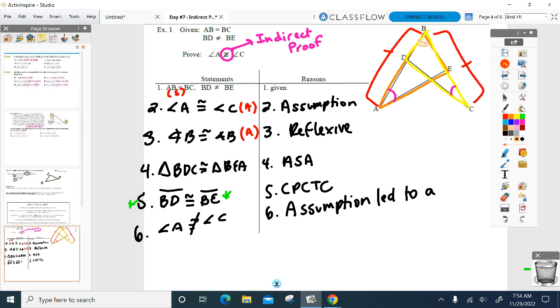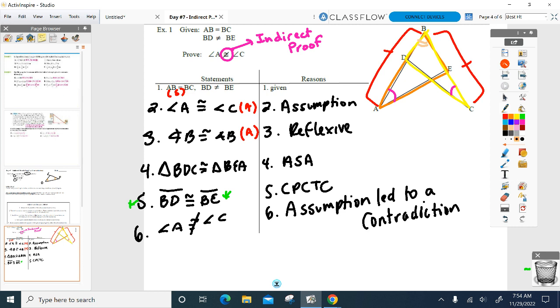Which is a what of this given? Contradiction. So assumption led to a contradiction.